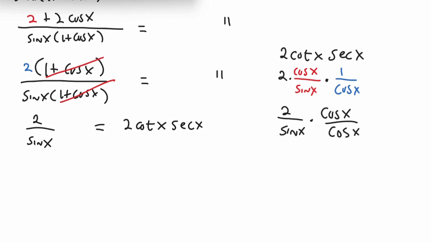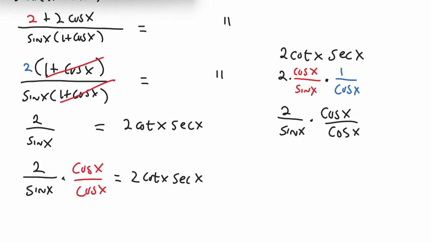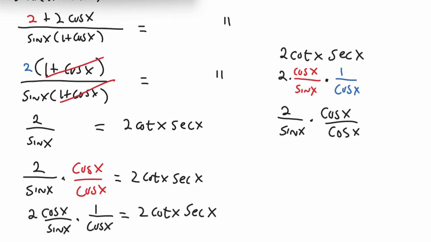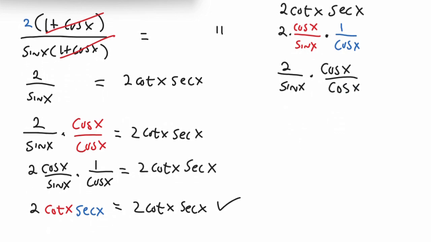So it looks like all we need to do is multiply the left side by cosine x over cosine x. Then we can just manipulate this a little bit so that the cosine in the numerator is over the sine and the cosine in the denominator is by itself. So we're kind of working in reverse from what we did on the right there. So then we've just proven the identity.